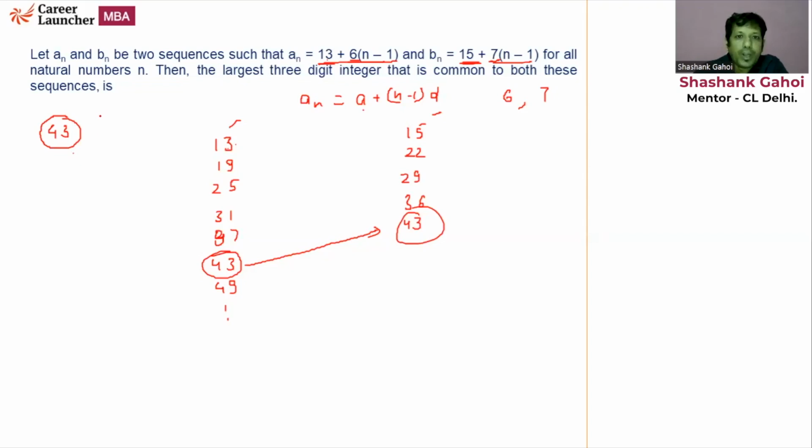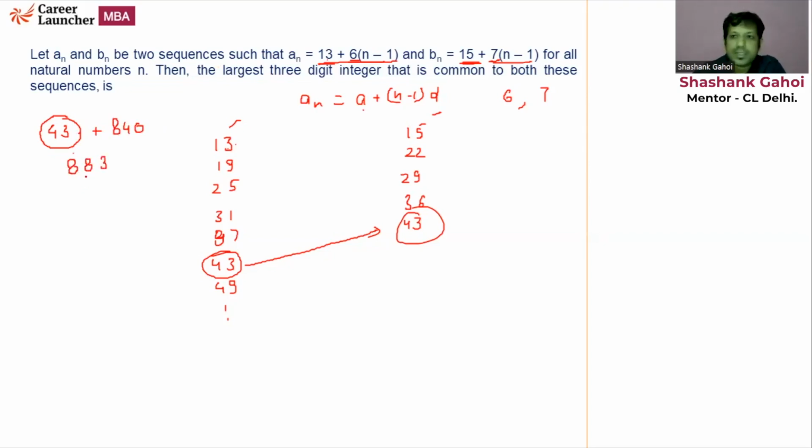The question is saying that I need to find the largest 3-digit number. So I'm going to add a big multiple of 42 so that I can reach close to 999. 42 into 20 is 840. So I am directly going to add 840, so my common term is going to be 883.